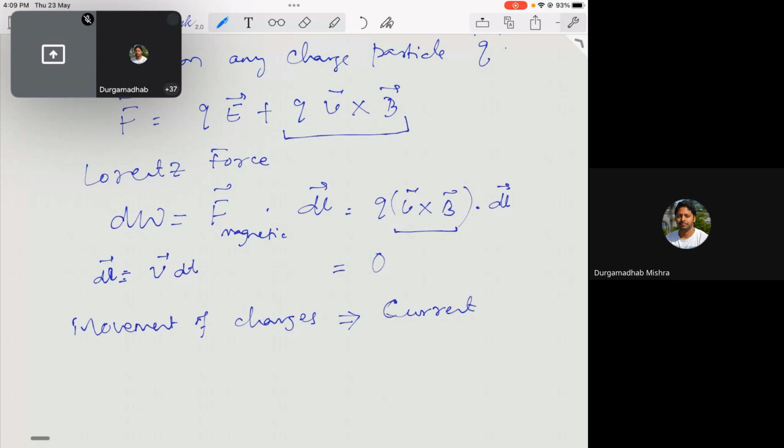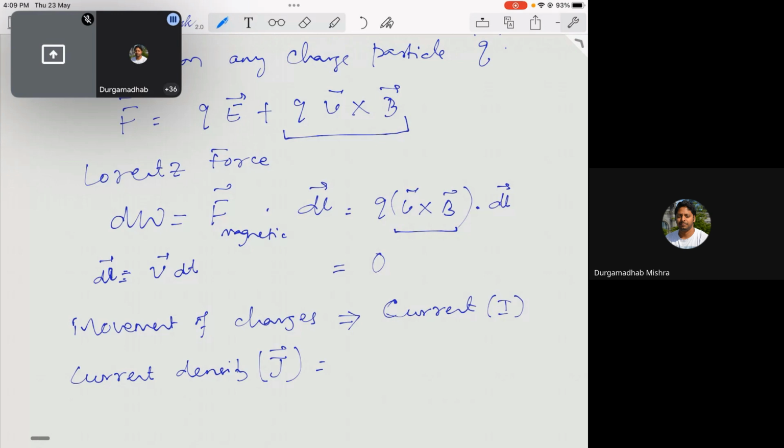Most of the time in electromagnetism and electrodynamics, we talk about current density. Given this current I, the current density J is the number of charges that cross a unit area per unit time.